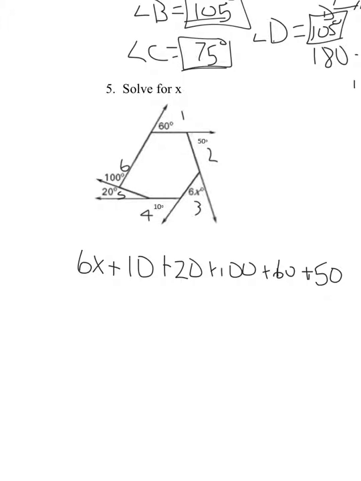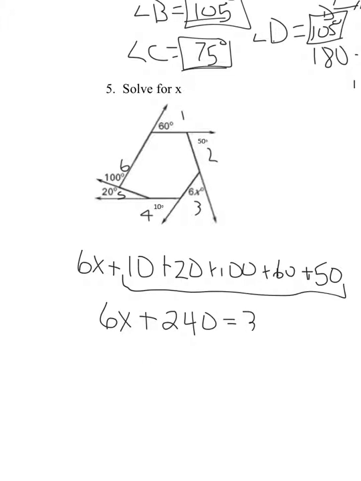And all of that should equal 360. I've got no room for that, so we'll solve it first. You get 6x plus all of these numbers combined give you 240, and that equals 360. So simple algebra.